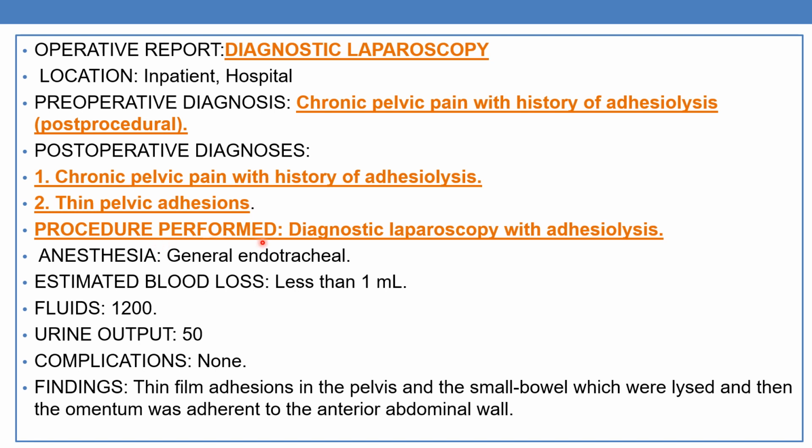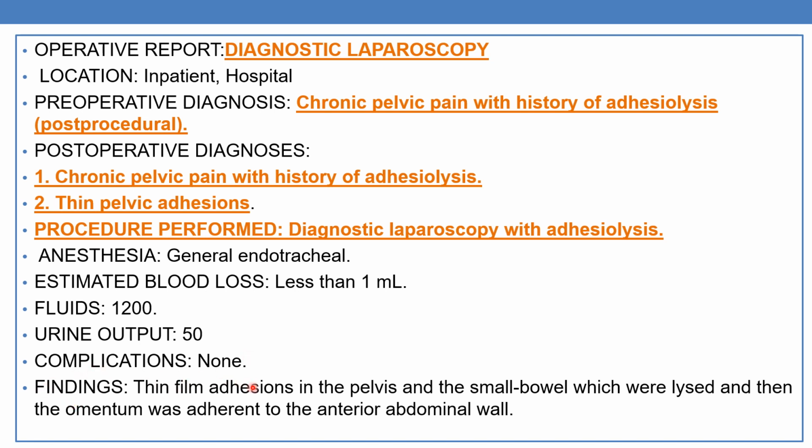The procedure performed is diagnostic laparoscopy with adhesiolysis. Anesthesia is general endotracheal. Estimated blood loss is less than 1 ml. The fluids are 120. Urine output is 50. Complications none.